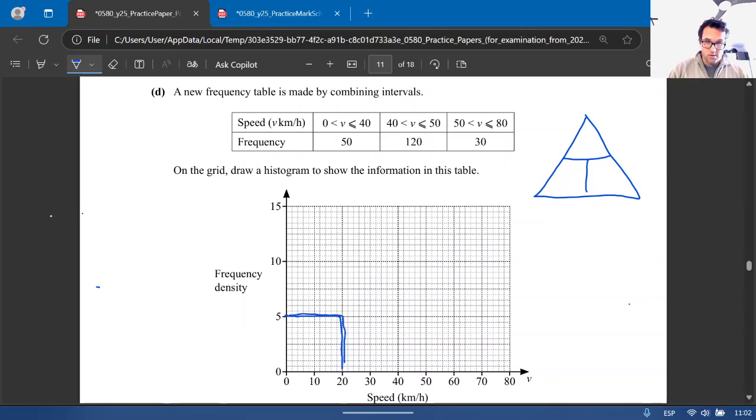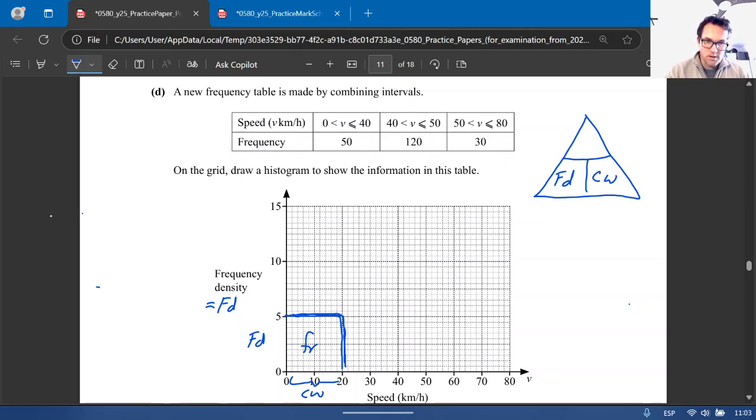This is not what the bar is going to look like, but it's a rectangle. This is the class width, this is the frequency density. You multiply them together, you get the frequency. So the formula is frequency density, which I will write as FD, times the class width. That means how wide it is here.